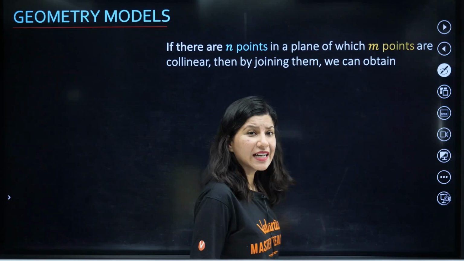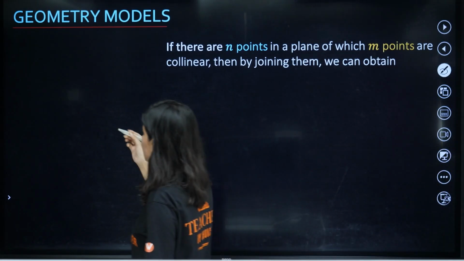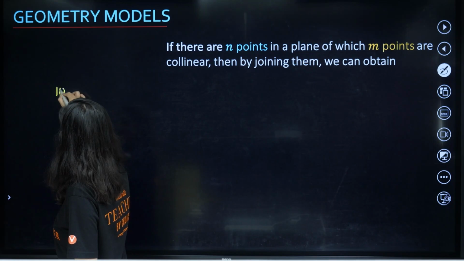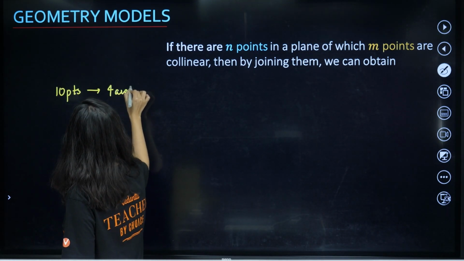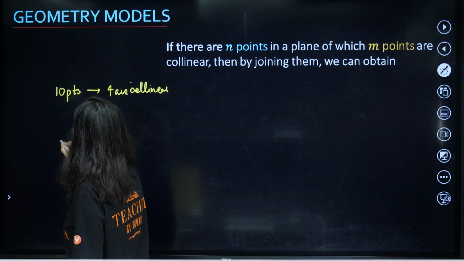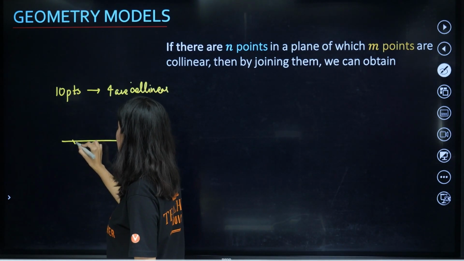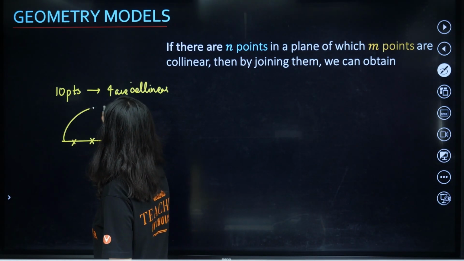Chalo. So there are n points in a plane, out of which m points are collinear. So suppose the question will be, there are 10 points in a plane, out of which 4 are collinear. So basically 10 points, 4 versus 6. 4 are collinear, 1, 2, 3, 4. So these are the 4 points.